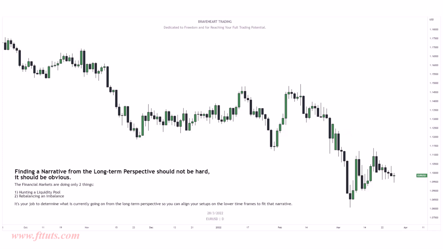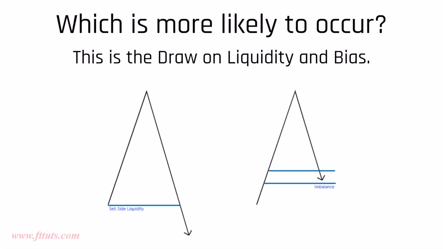You'll see that price is either trying to seek an old imbalance, or it's trying to seek a liquidity pool. That's it. So it's your job to determine which is more likely to occur. You just got to figure out, okay, what's the closest one? And use the closest one as your drawn liquidity and bias.